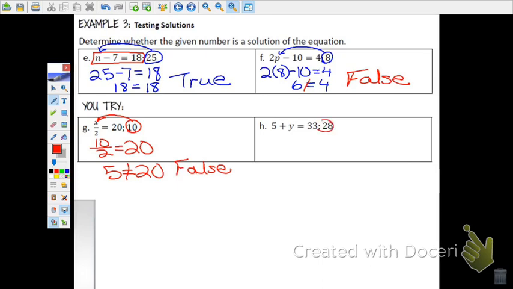The last one, we have 5 plus 28. What is 5 plus 28? It is 33. So that is a true statement.